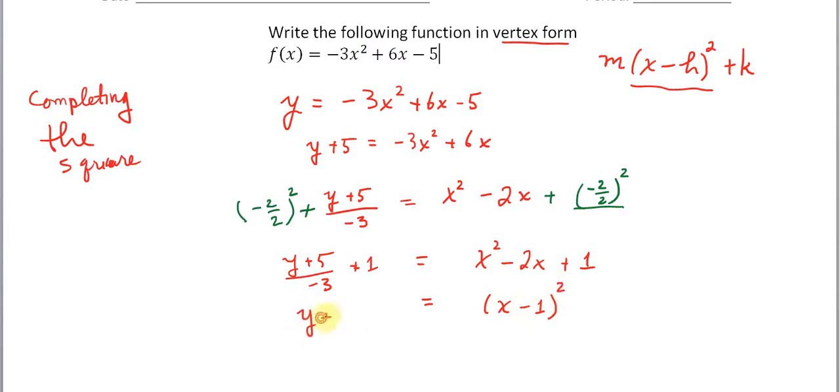And then on the left side, we still have (y plus 5) over negative 3. Now you see that the bulk of the hard work is done. I have this expression that I'm looking for, x minus a number. And then I'm going to move everything back so that I get y by itself again. So subtract 1 from both sides.